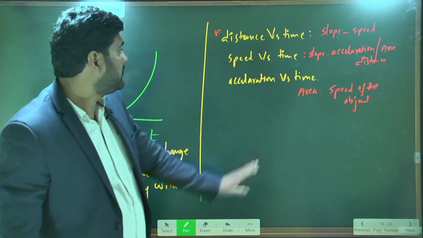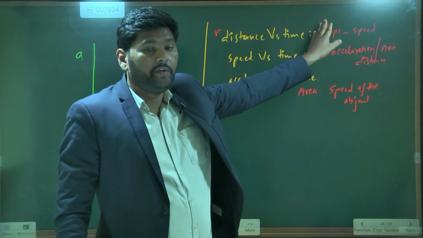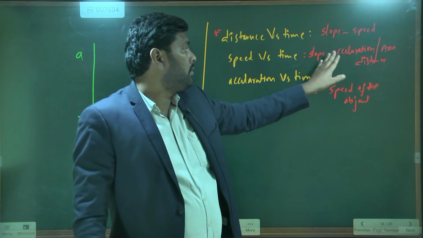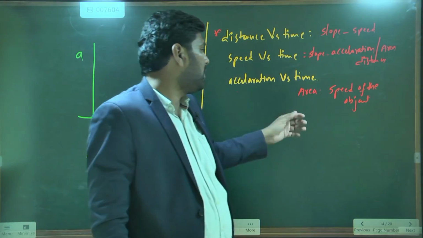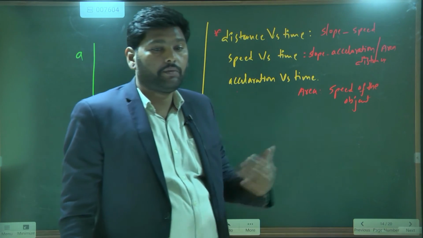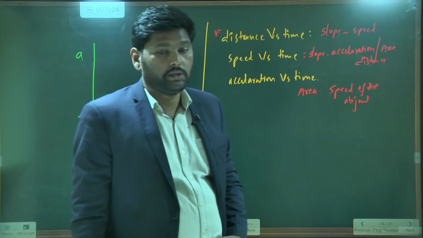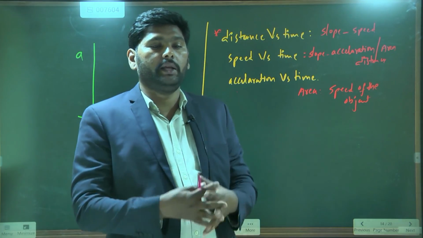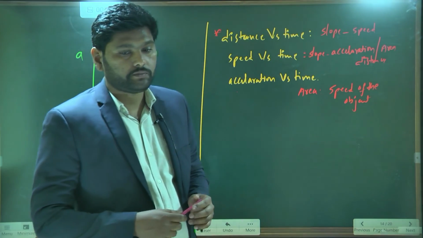In distance versus time graph, the slope gives speed. In speed versus time graph, slope gives acceleration, area gives distance. In the acceleration versus time graph, the area under the graph represents the speed of the object. This is useful information when you are working with graphs.